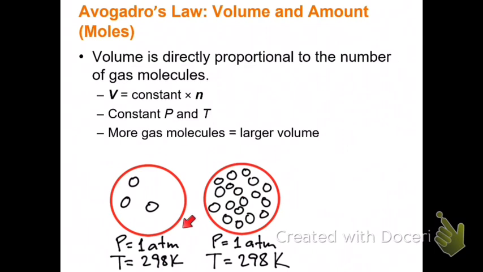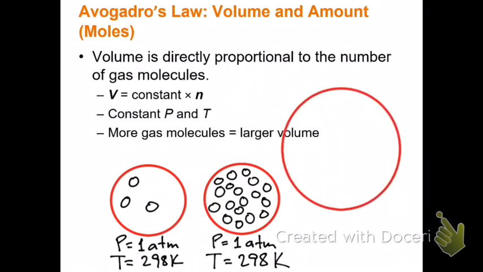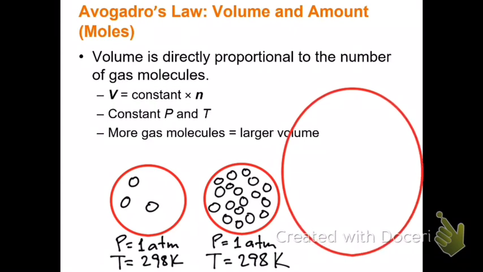So what would happen if we kept the pressure constant? What happens if we prevent the increase in pressure in the second container? Well, according to Avogadro's law, volume has to expand proportionally to the number of molecules. So in order for that to happen, the second container has to expand dramatically in order to compensate for that increase in pressure.